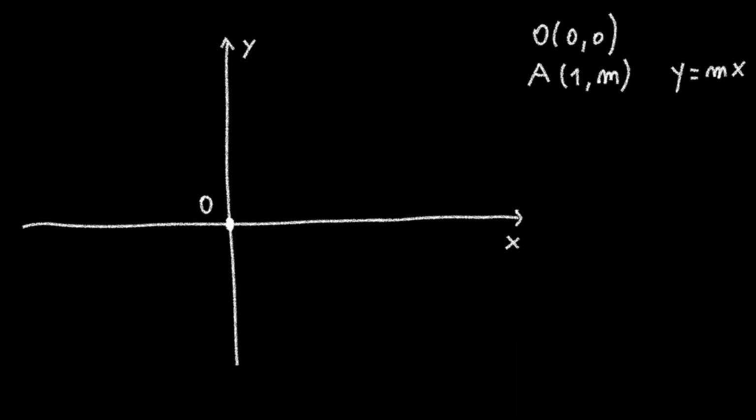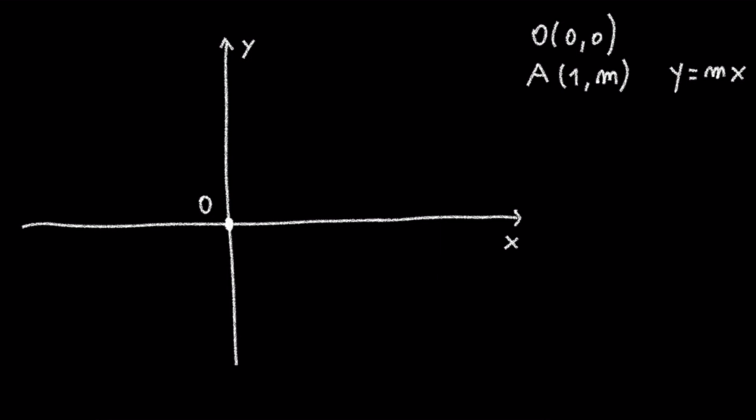Thus, the slope of a line passing through the origin is the y-coordinate of the point on the line where x equals 1. It is clear that as m changes, the slope of the line will vary.